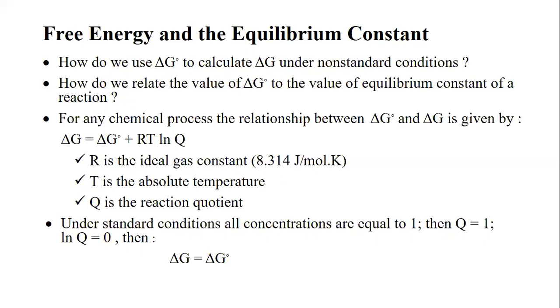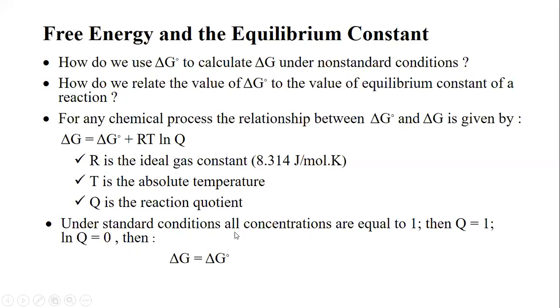So it will be the multiplication of the activities of the products divided by the multiplication of the activities of the reactants. That's a quotient, the division of one thing over another.